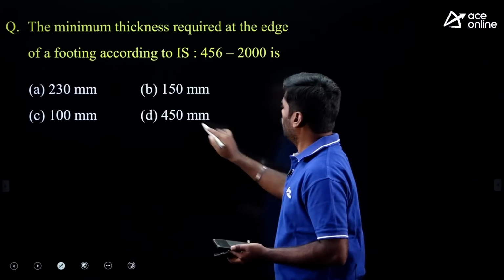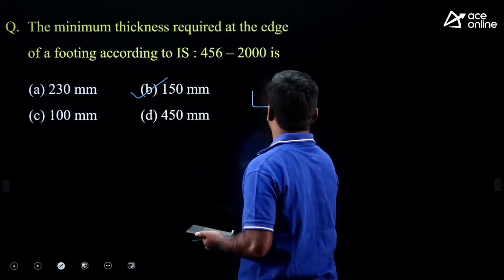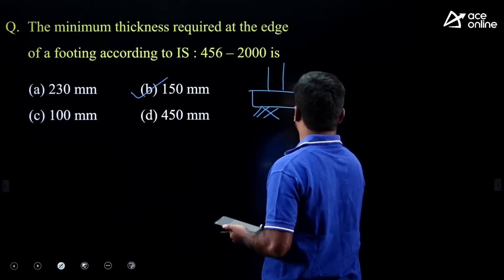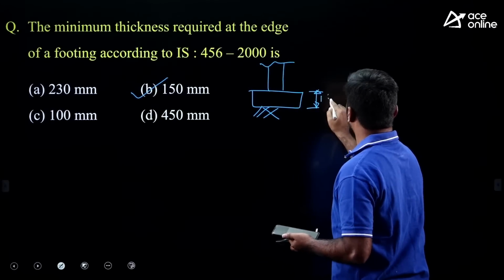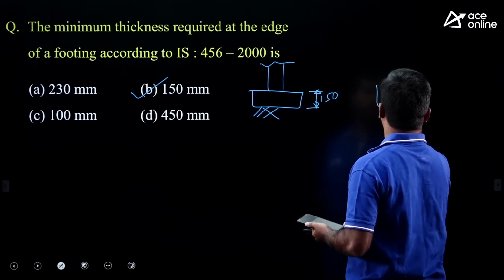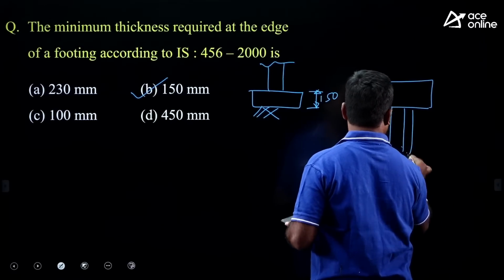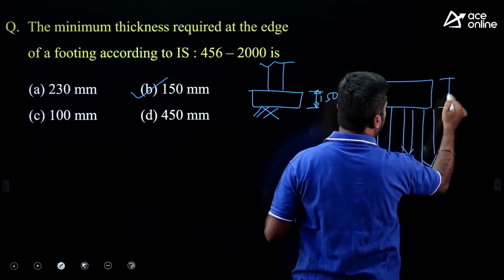So, 150 mm if footing is resting on soil, minimum edge thickness will be 150 mm. Suppose if footing is resting on piles, then minimum edge thickness will be 300 mm.